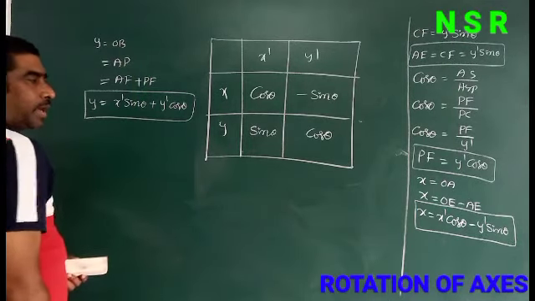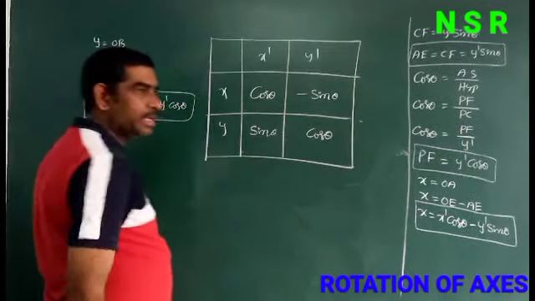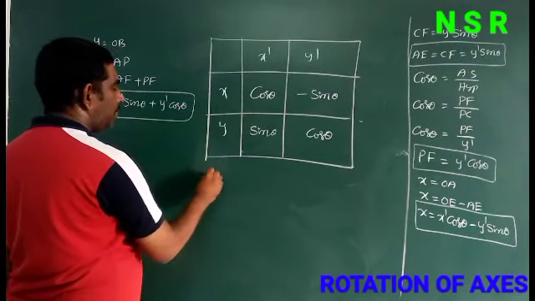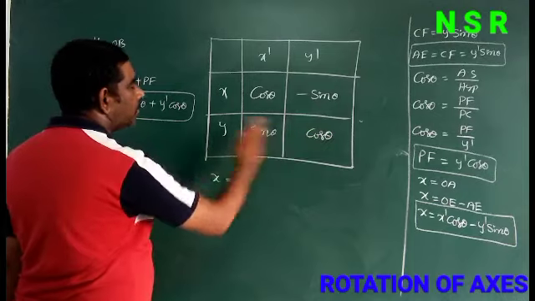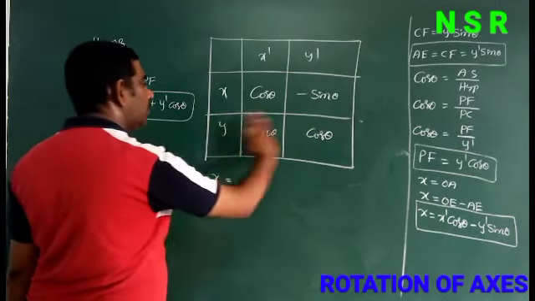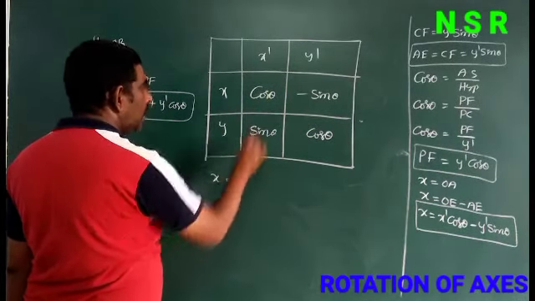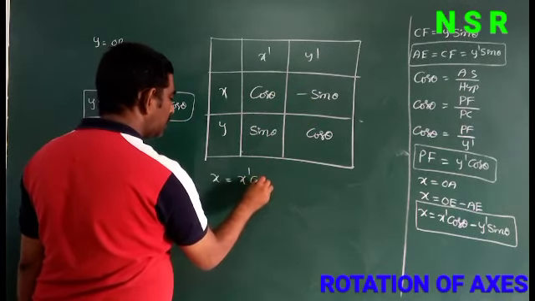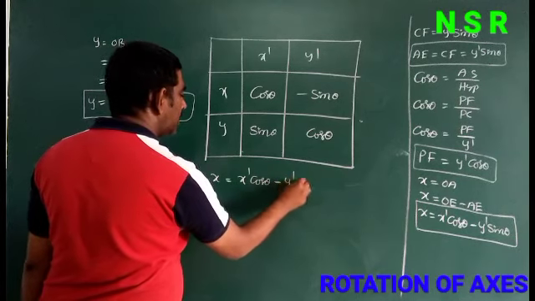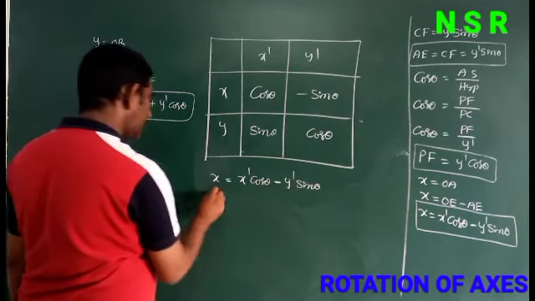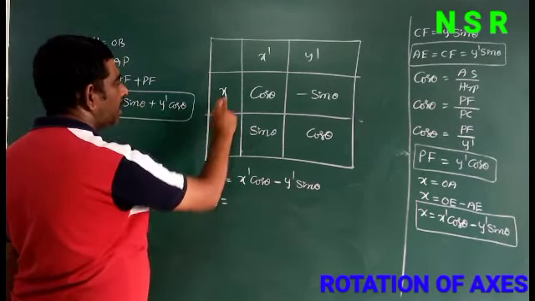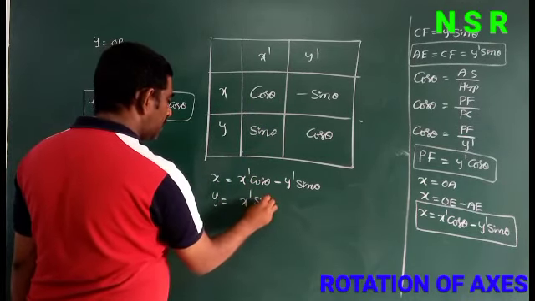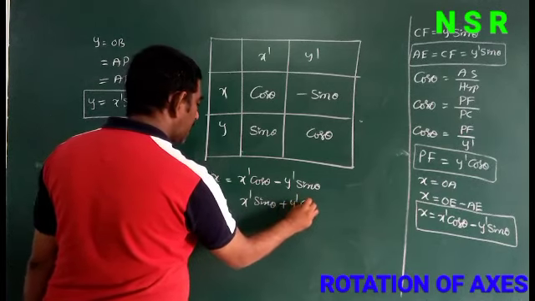If you want to write the x formula, just close y, this total y term, so x is equal to x dash cos theta minus y dash sin theta. Again, if you want y, close this x, so y is equal to x dash sin theta plus y dash cos theta.